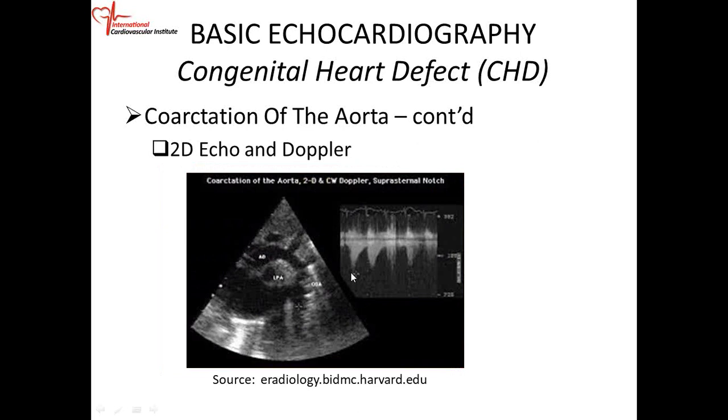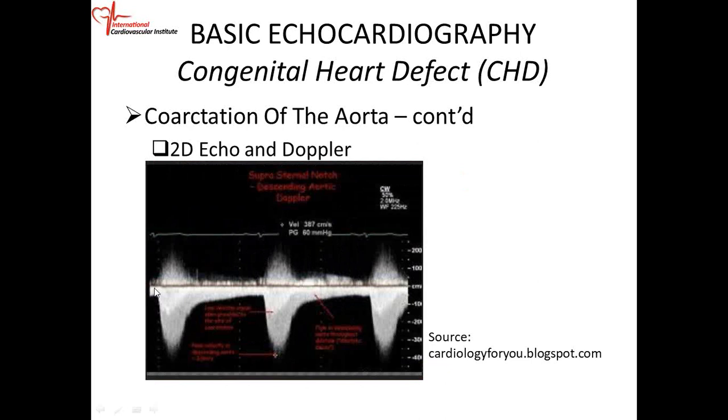And then when you look at the gradient, the peak velocity is now more than 1 meter per second, telling you that there's obstruction. Okay, so this is classic, sawtooth pattern.